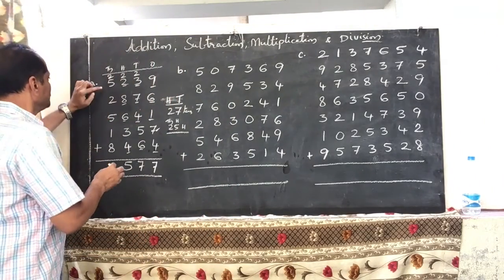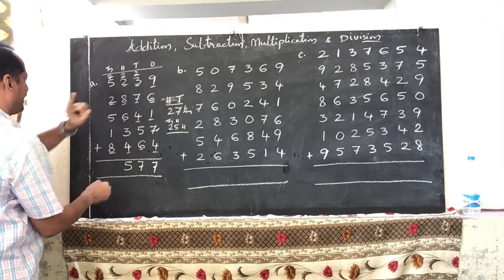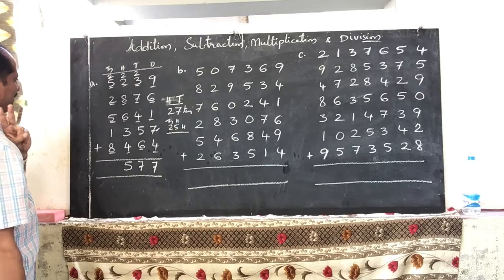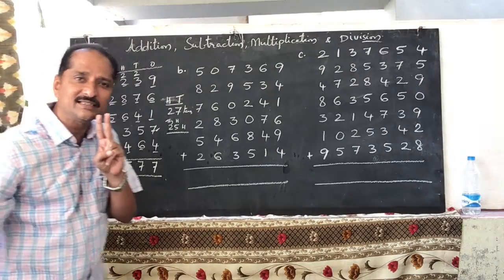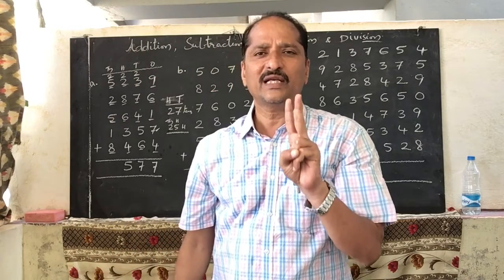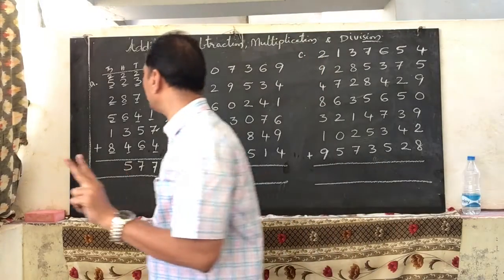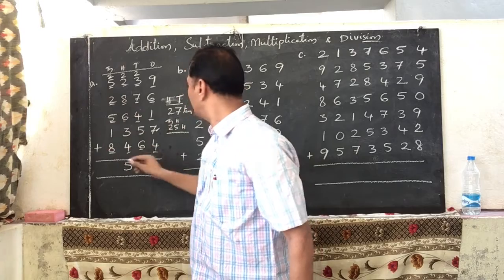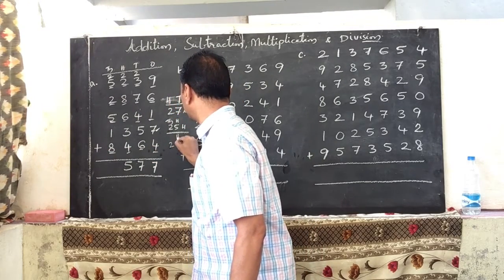So here see. 8 and 2, 10. 5 and 5, another 10. 2 tens over. Then the leftover digits 1 and 2, which make 3. 2 tens and 3 is 23. What are these 23? 23 thousands.